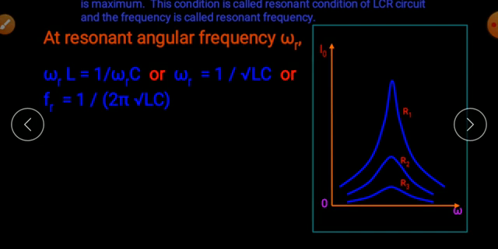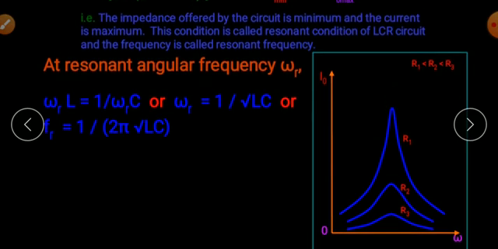Further, at omega equal to omega R, current is maximum. The value of maximum current is inversely proportional to R. For lower R value, I naught is large. Here R1 is less than R2 is less than R3, and R1 is the lowest value, so I naught is large.